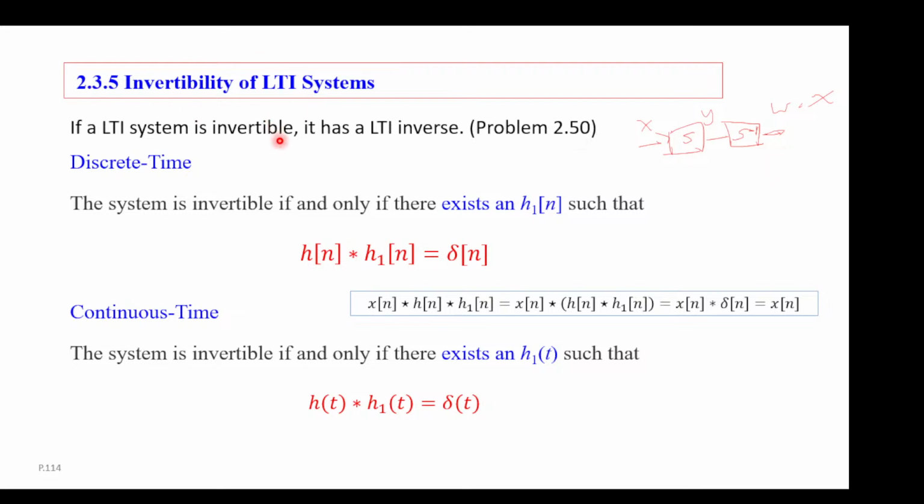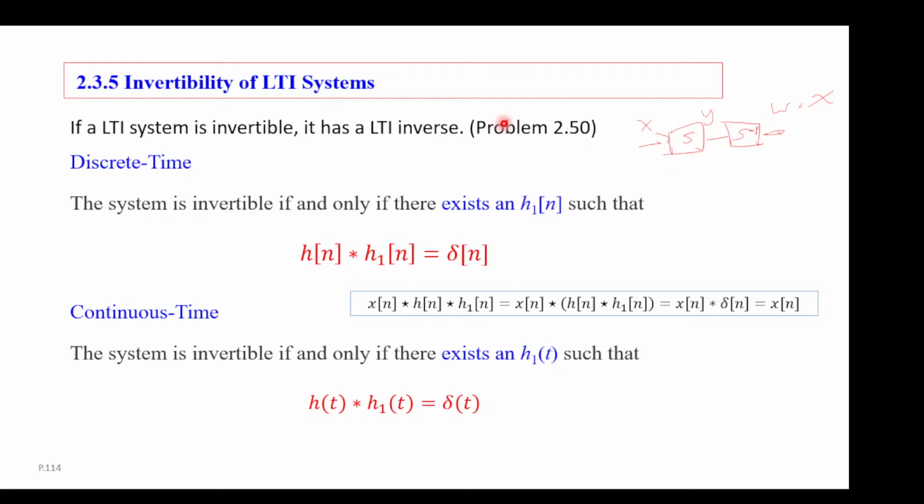To derive the invertibility, we first need another statement that's proven in the homework. Problem 2.350 says that if an LTI system is invertible, then the inverse system is also LTI.